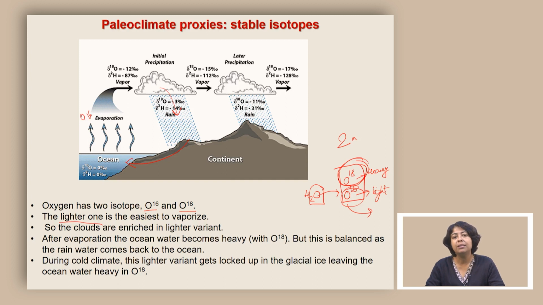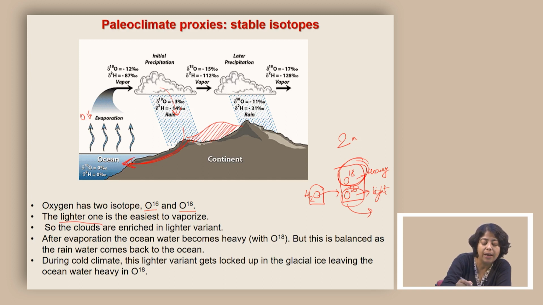Now, let us imagine a scenario where the rainfall is not really coming back to the ocean. When can it happen? It can happen when the rainwater finally freezes as ice on top of the continents. If that happens, then it is not coming back to the ocean and the evaporation still continues and the ocean is preferentially losing the O16.